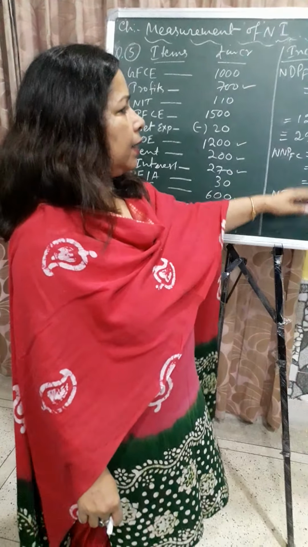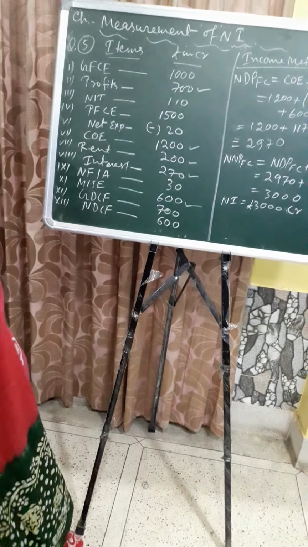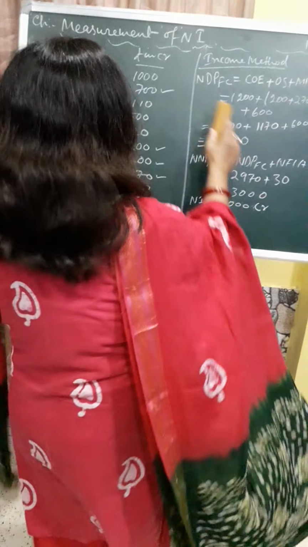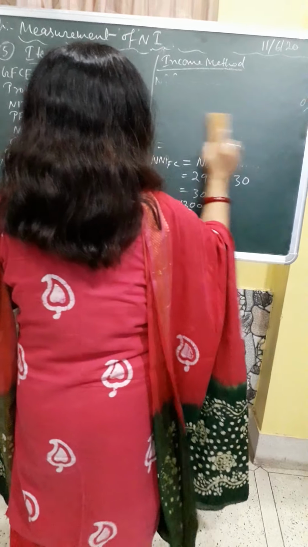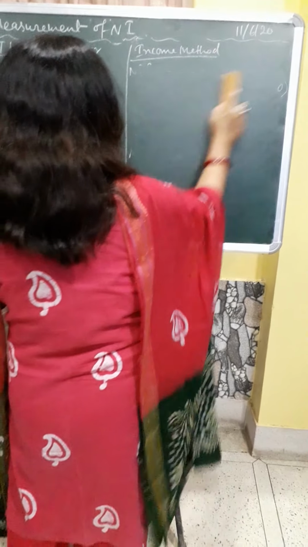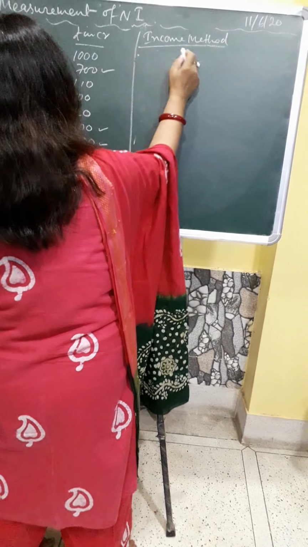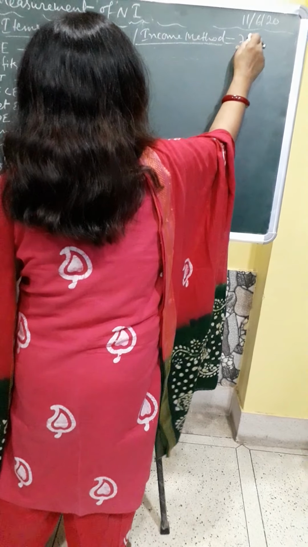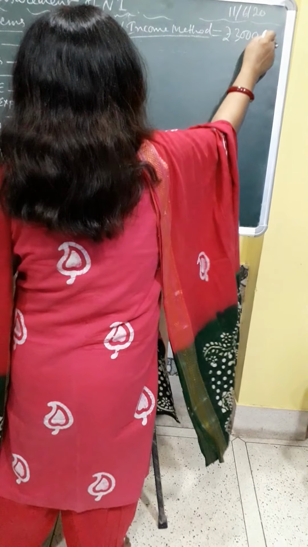Now next, the expenditure method. I am going to write the expenditure method. Income method: rupees 3000 crore.